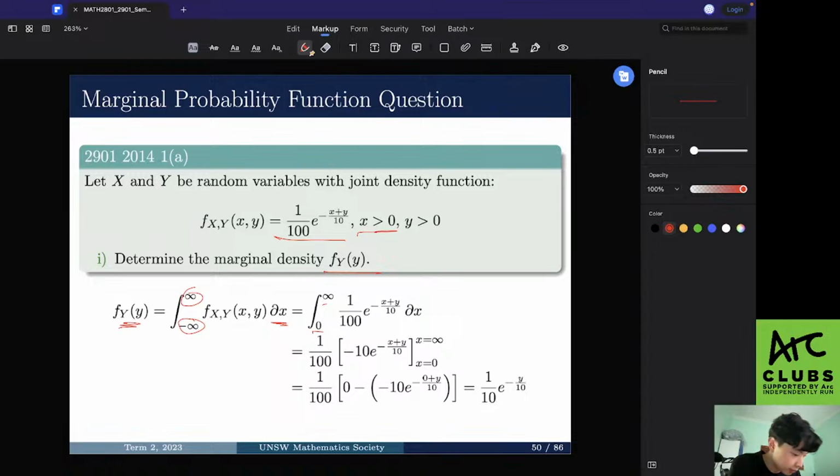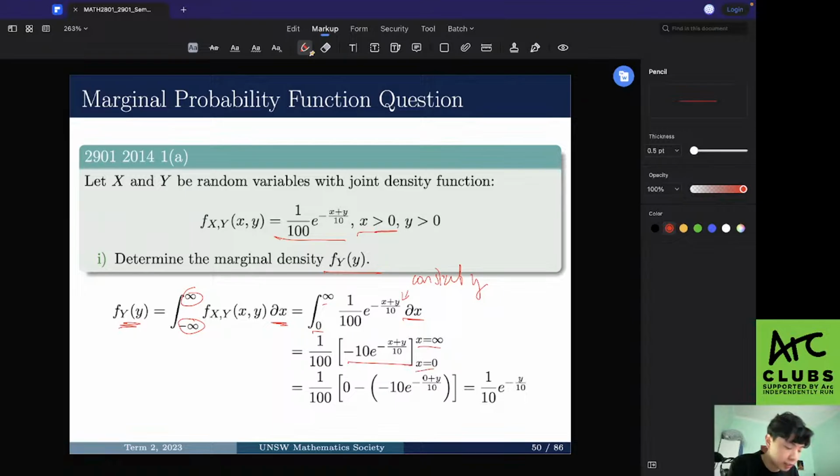But then we realize that since it's with respect to x, our y right here is a constant, so we kind of just ignore it. We just say, hey, the coefficient of the x is minus 1 on 10, so we divide by that coefficient, and we get this.